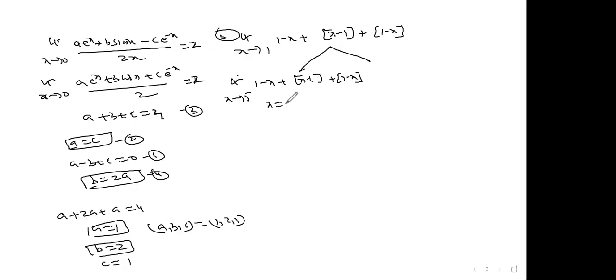As you know very well, I would like to take here 1 minus h, small value, negligible quantity, as x tends to 1 and h tends to 0. So limit h tends to 0. If you write 1 minus h here, you will get h here, plus this is minus h you are getting here, and here you are getting h.